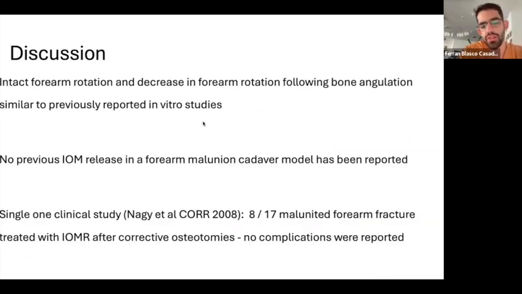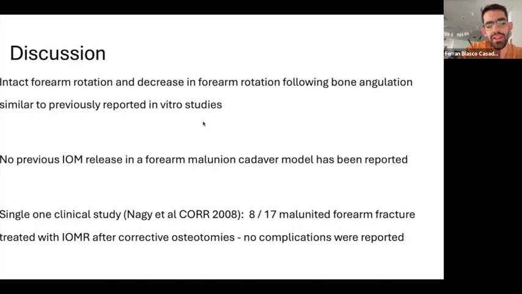In terms of discussion for the in vitro part of the study, we found that intact forearm rotation and the decrease in forearm rotation following the bone angulation that we got was similar to previously reported studies. No previous interosseous membrane release in a forearm malunion cadaver model has been reported to date.